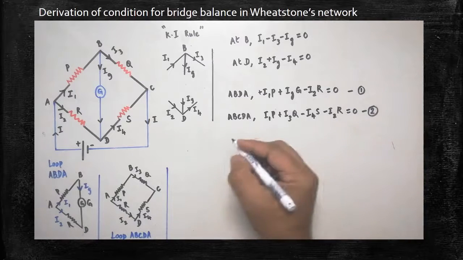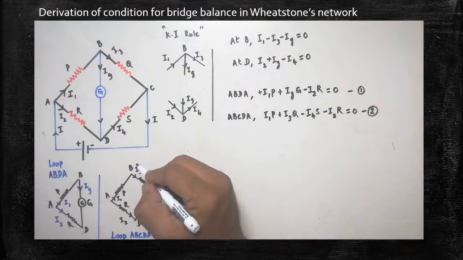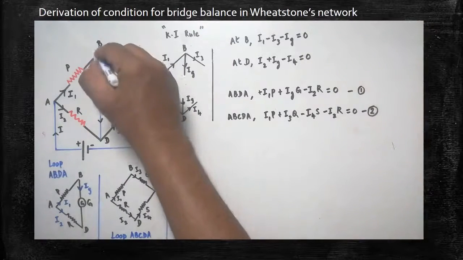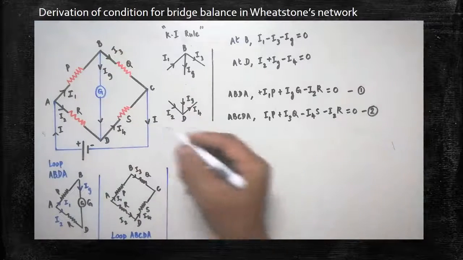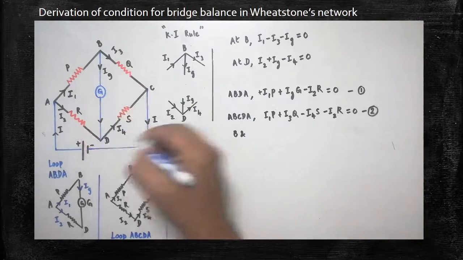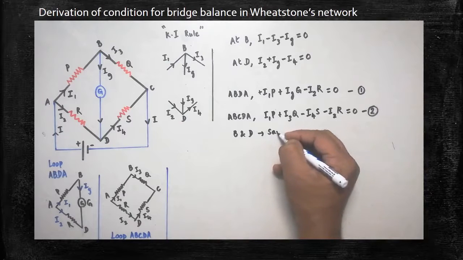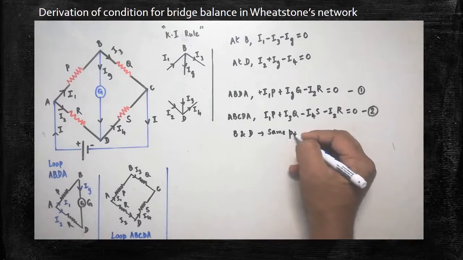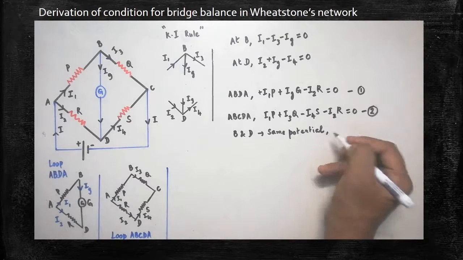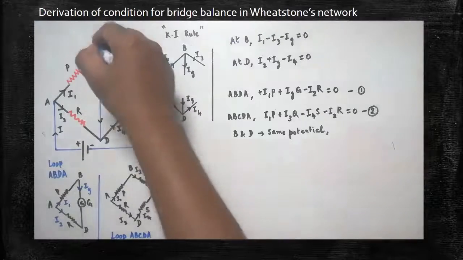Okay, now we have to say the important thing. We have to assume that both junctions B and D are at the same potential. Same potential means B and D have the same number of electrons, so there won't be any current flow.